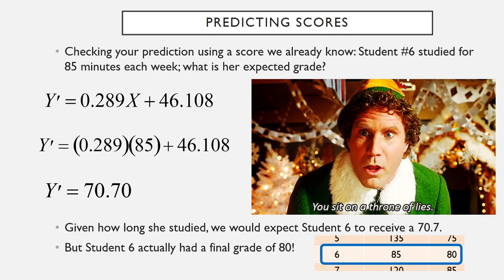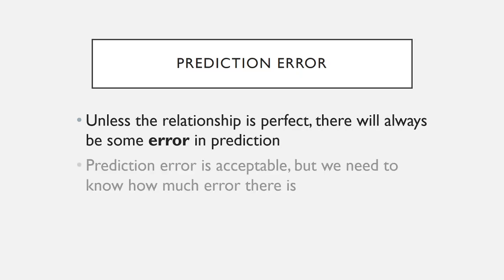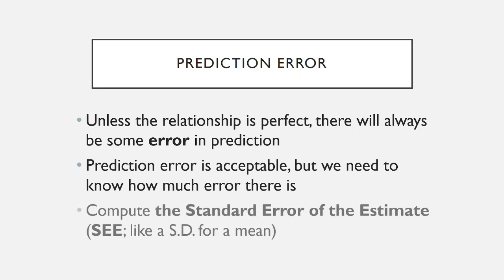Only if you have a perfect one-to-one relationship between your variables will there be no error in your estimate. So this prediction error, we're generally going to have some. As I've mentioned before, we're not necessarily expecting variables to be perfectly related. That doesn't happen in real life all that often. So prediction error is fine. We just want to be able to quantify it.